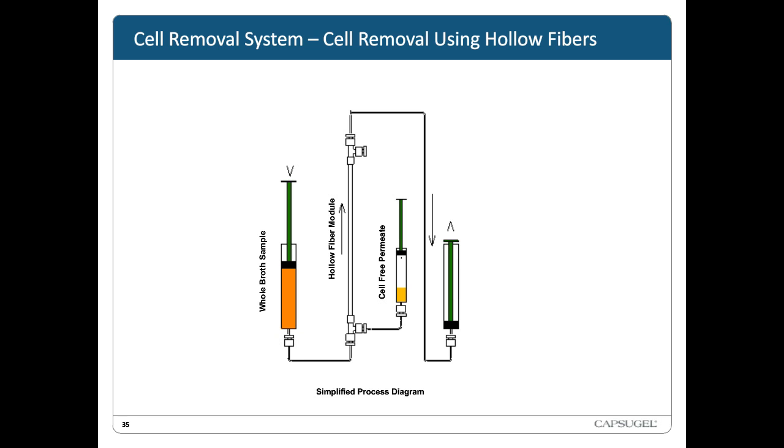As the solution gets pushed back and forth through that module at a very controlled rate, we can pull out the cell-free permeate. This permeate accumulates in the syringe in the middle, and then is ultimately transferred to a downstream analytical device or liquid handling device.